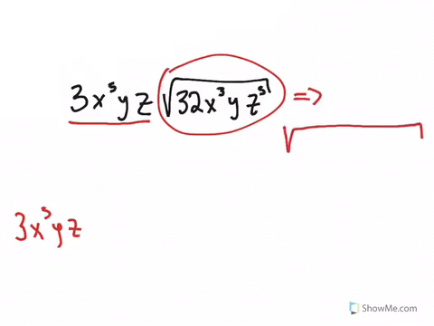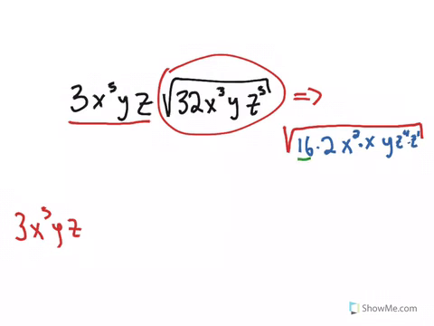I'm going to have a big square root, and I'm going to split 32 between 16 and 2, because 16 is a perfect square and 2 is not. The x cubed I'm going to break apart into x squared times x. Cannot do anything with the y, and the z to the 5 I'm going to break into z to the 4 and z1.